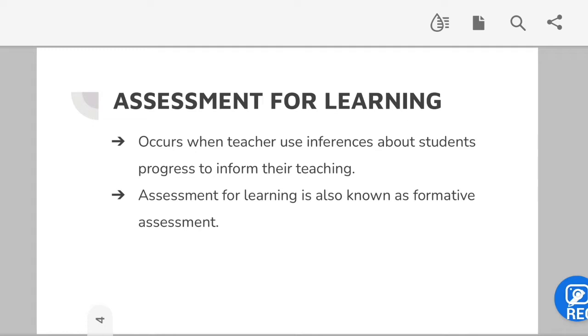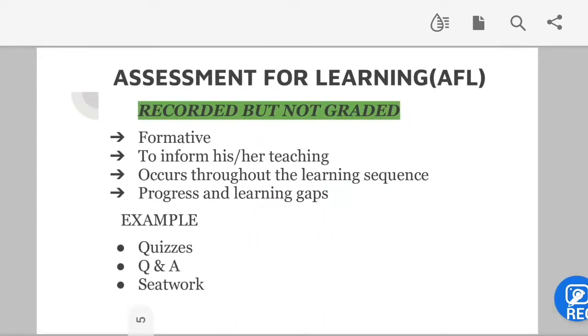So she will be conducting a simple test for 5 to 10 minutes. That is known as formative assessment. The test which is conducted each and every day is known as formative assessment, that is assessment for learning. And one more thing is, there is no graded marks.